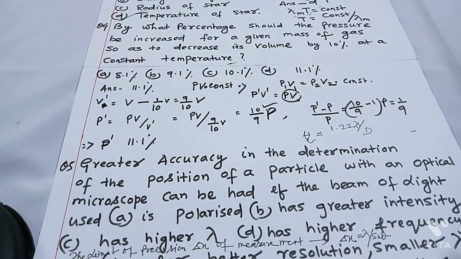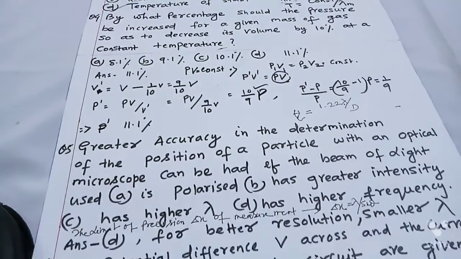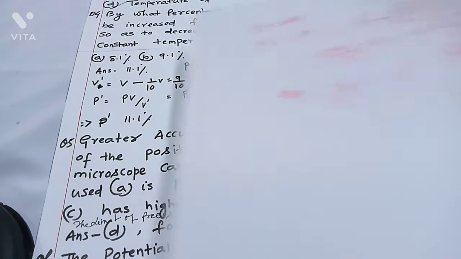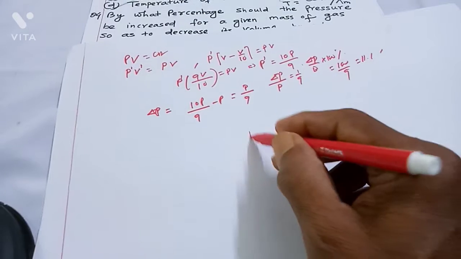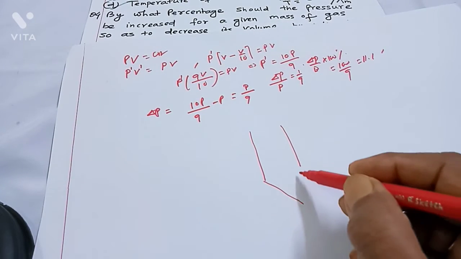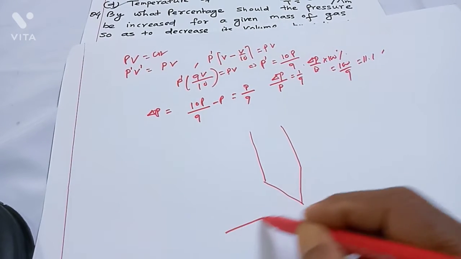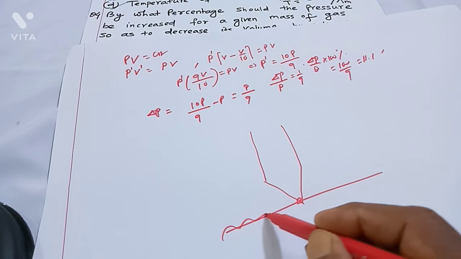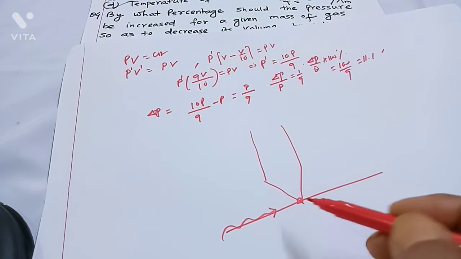Now, if you take a microscope, say like this, this is the position of a particle, and radiation is incident on the particle.